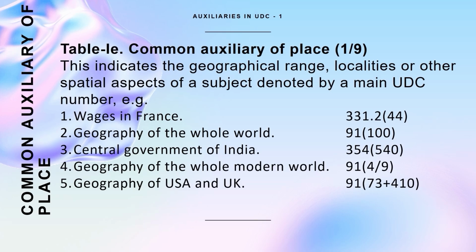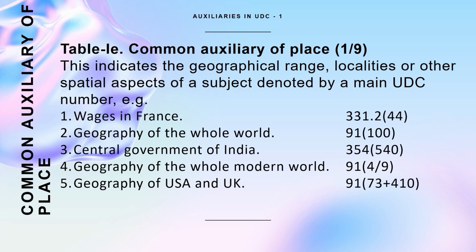The fourth example, geography of the whole modern world: modern world is (4/9), so 4 to 9 is for the modern world. So geography of the modern world is 91(4/9).